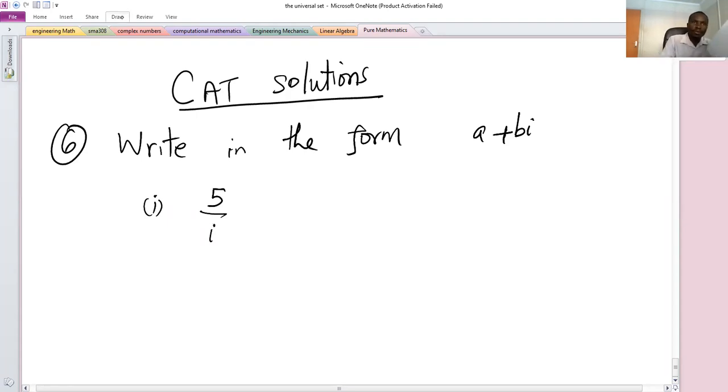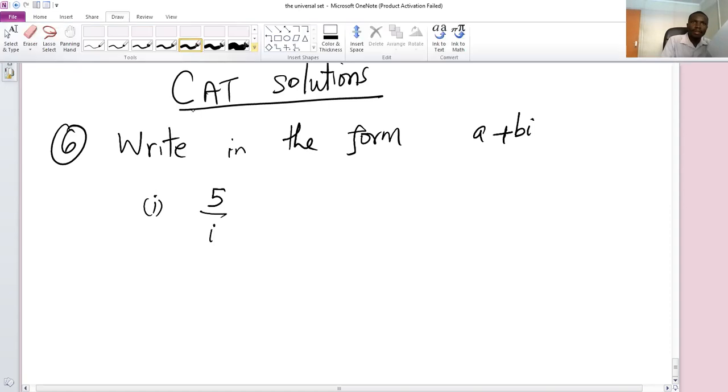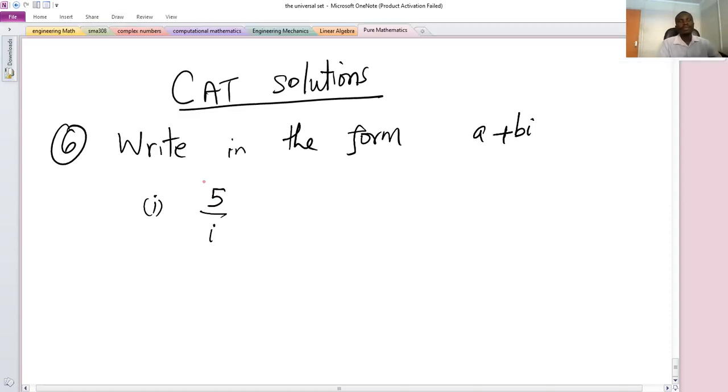Now, to simplify this complex number simply means that you multiply both the numerator and denominator by the conjugate of the denominator.